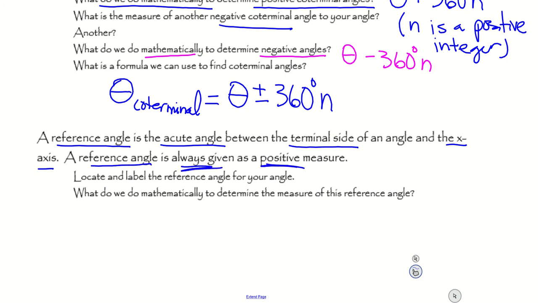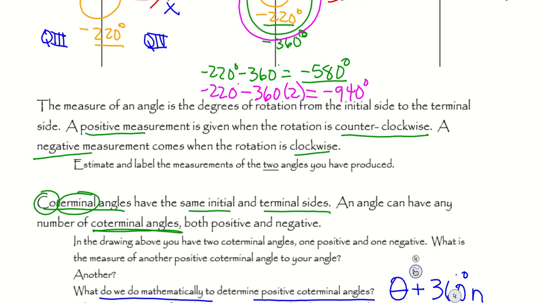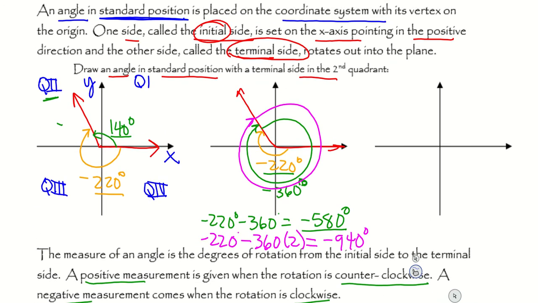So if I'm going to locate and label the reference angle for our angle, let's go back up here. I had my 140 degree angle. My reference angle is going to be the angle that is between the terminal side of my angle and the x-axis. There are two of them.